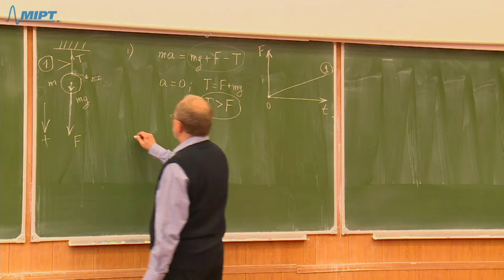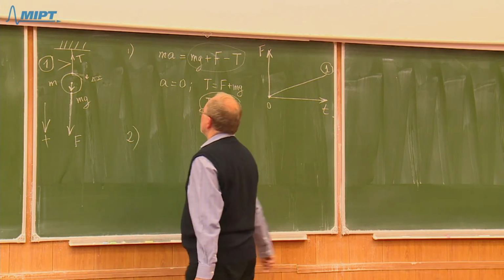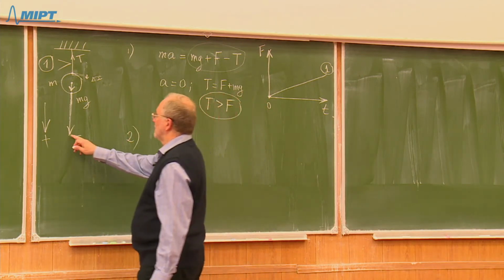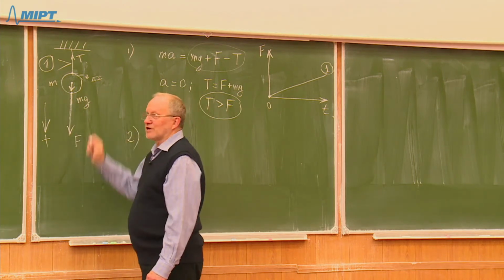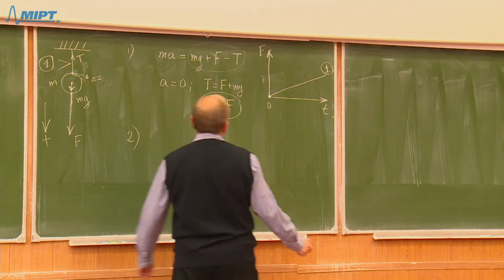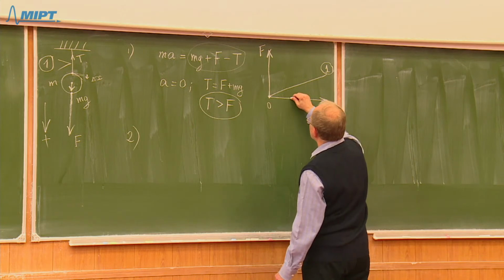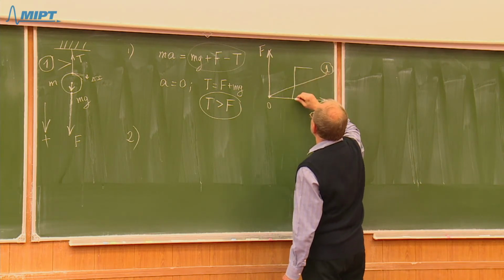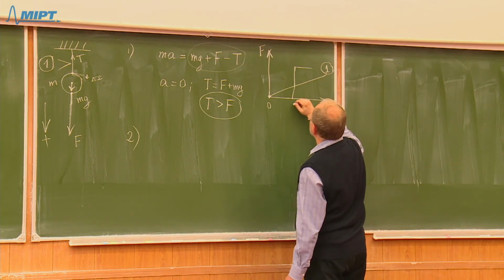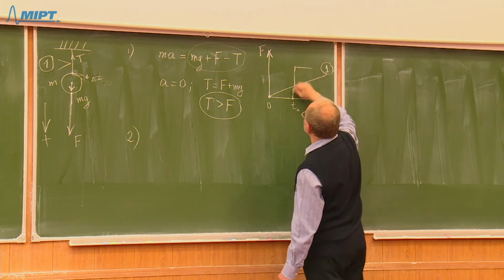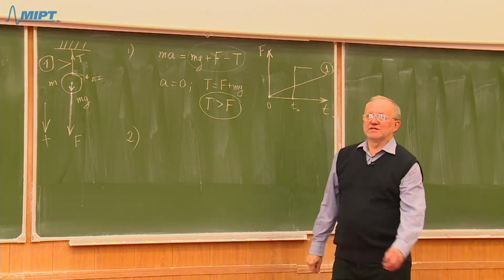And the second situation is when the force F increases very quickly. That is an abrupt function. Very quickly increasing force. Just at some time moment t0, the force increases almost immediately.